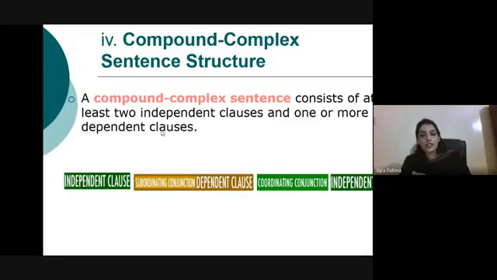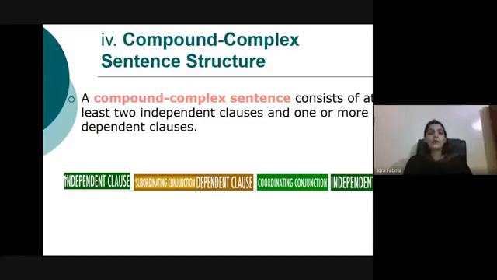Now, if we talk about compound-complex, the minimum structure of this sentence is that it carries two independent clauses joined with a coordinating conjunction and one or more dependent clauses joined with a subordinating conjunction.